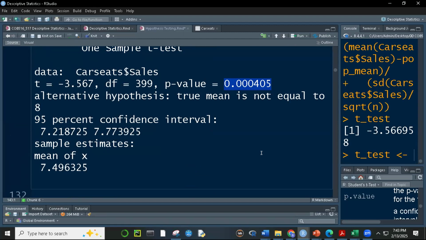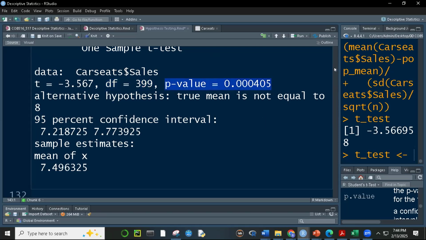The population mean is 8, so your sample mean is below 8. You have 399 degrees of freedom, which comes from n, 400, minus 1 for the one sample we're using. And your p-value is 0.000405.